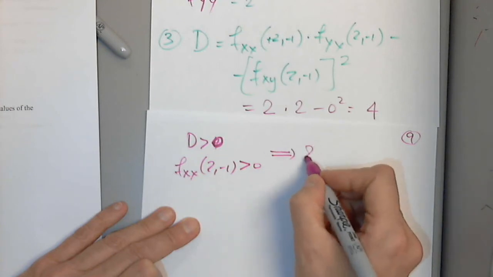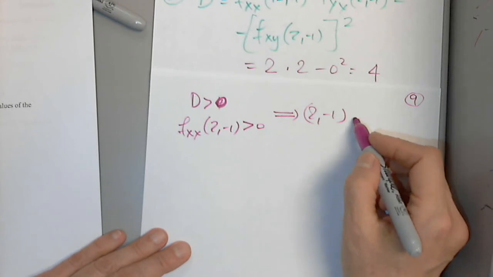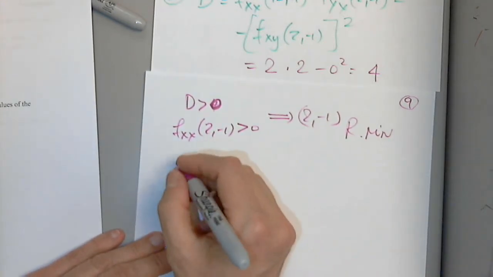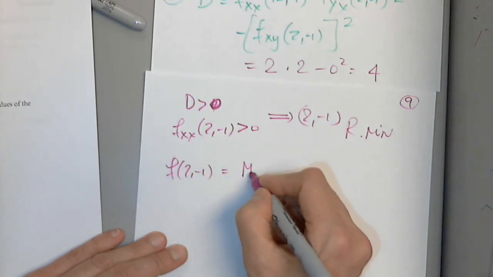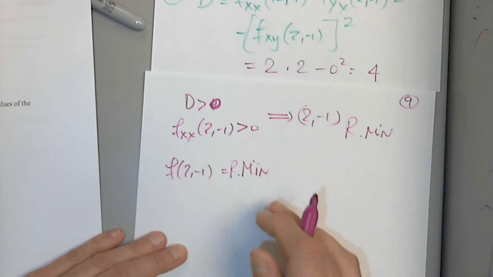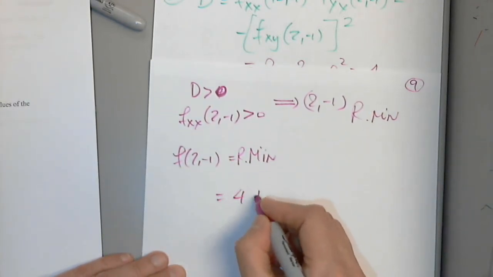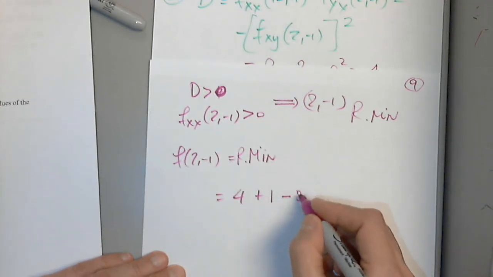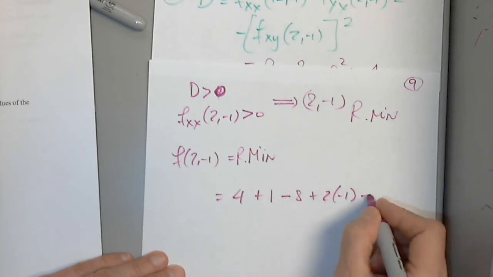What do we conclude about 2, -1? And we should determine it. Yes, it's a relative min, not absolute, relative. So now we can determine f of 2, -1, and this will be the relative min. So I go back to the function. 2 squared is 4 plus -1 squared is 1 minus 4 times 2 is 8 plus 2 times -1 and minus 5.